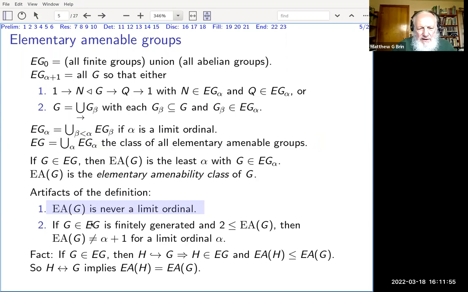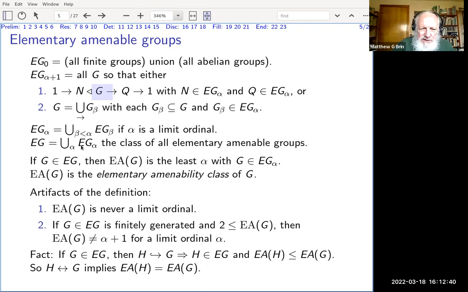Also, if you have a finitely generated group, you cannot get a finitely generated group for the first time by method 2, because eventually the finitely many generators have to be absorbed. So you will never get a new group that way, which means you can only get a finitely generated group for the first time using extensions. The normal subgroup and the quotient cannot come from a class with a limit ordinal. So they have to be at least a limit ordinal plus 1. So your finitely generated group has to have class at least a limit ordinal plus 2, which is not terribly important, but it explains 2s that will appear in some of the future slides.